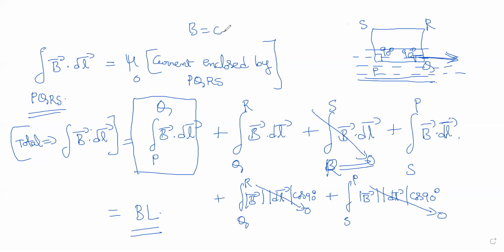That is, we assume that the magnetic field inside the solenoid is constant. Of course, that is B times L simply. Why? You can see that it is mod B bar, mod dl bar. What is the angle between them? 0 degrees, so cos 0. So this is the only surviving term you have. So that is B times L, where L is the length of the solenoid. Up to here, please note.